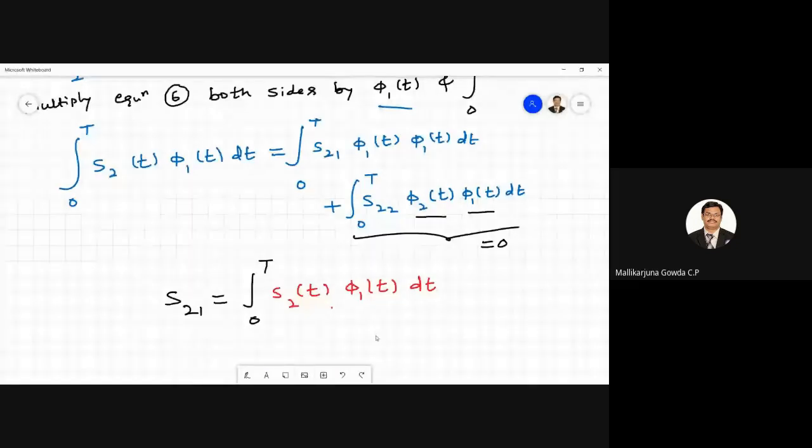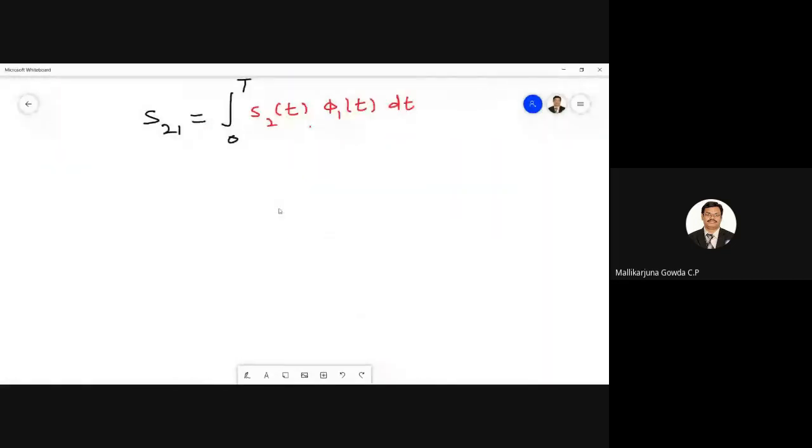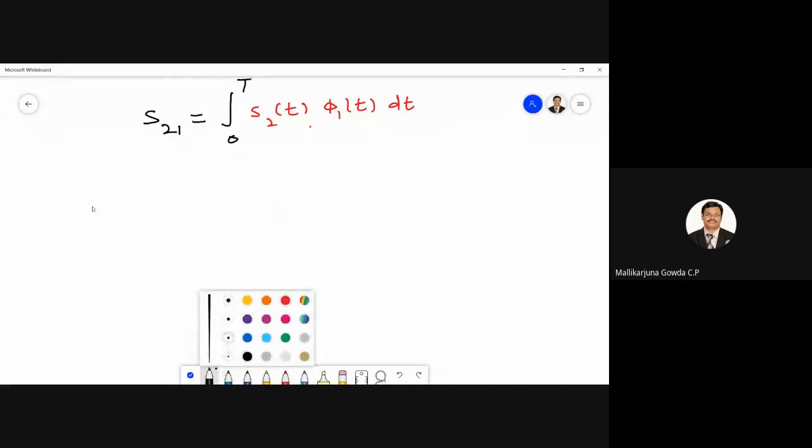So now the next step, in step 2 only, let me take the intermediate function. I call that intermediate signal G2 of t.